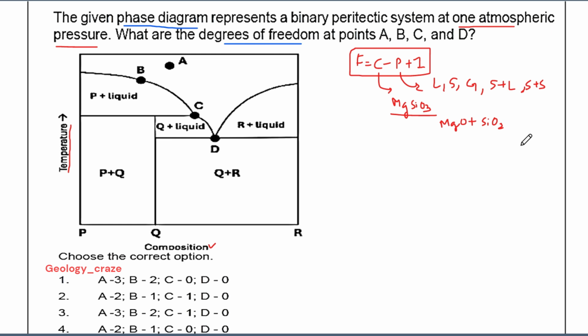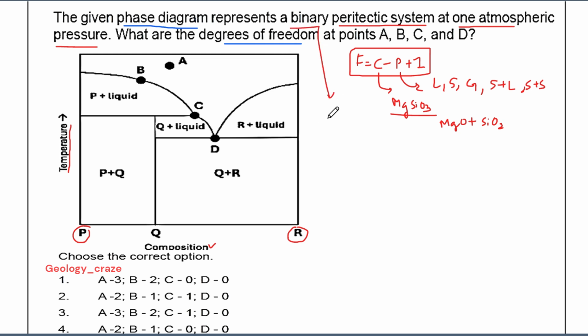Here they are not mentioning any composition. So how many components are there? P and R. You can say that Q is also a component. But in this case, because it is a peritectic system, we will use, and this diagram is a binary.